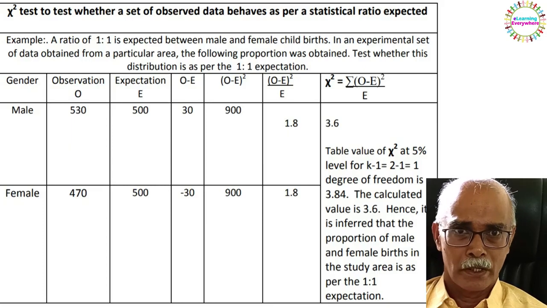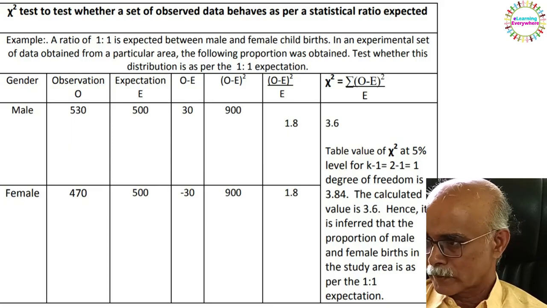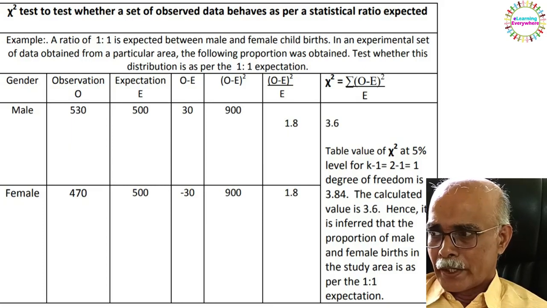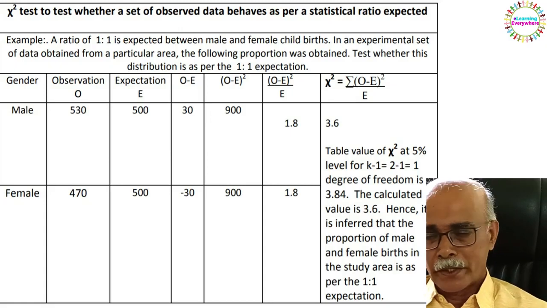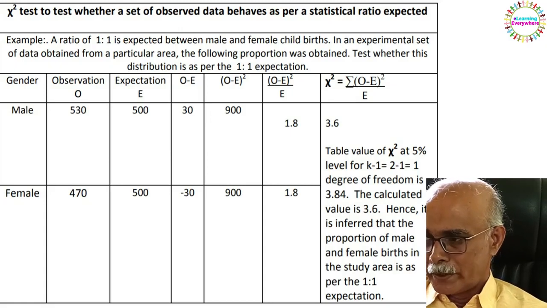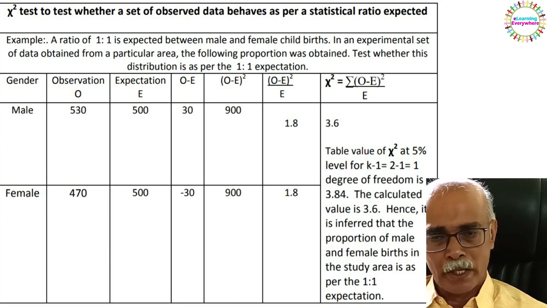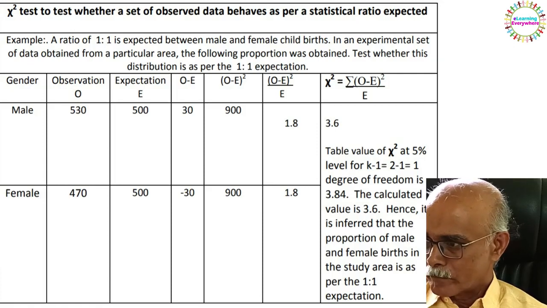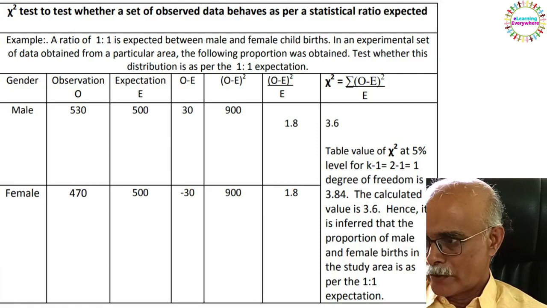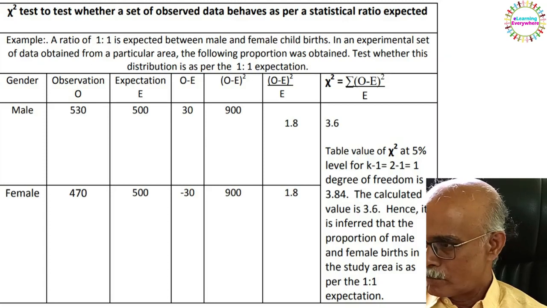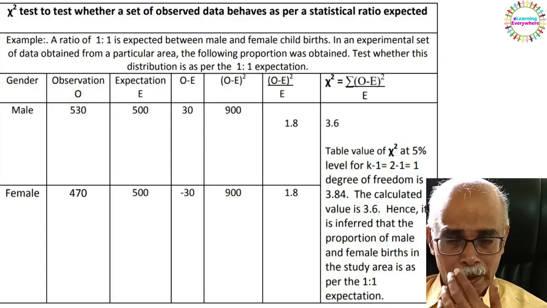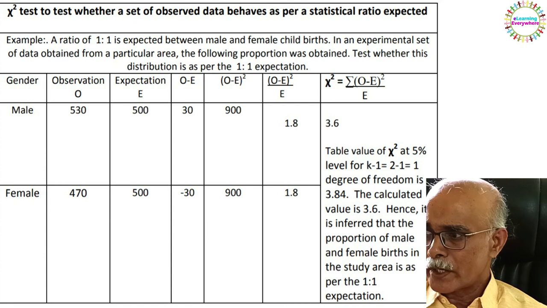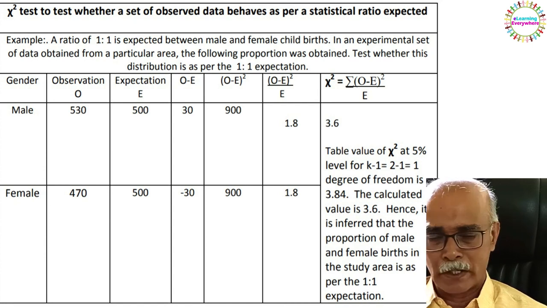And the total is 1,000. So you are plotting it on a table, and the first column stands for the gender, male, female, and the second column for the observation, O, 530 in the case of males and 470 in the case of females, and then you are writing down the expected value.